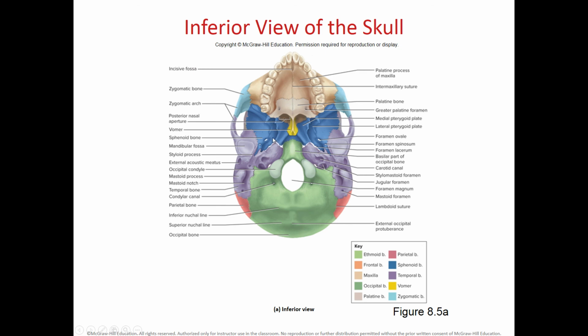So we already talked about this, and one part that is located in the base of the skull, in between the sphenoid, which is this bone in blue, the temporal, which is this bone in purple, and the occipital, which is this bone in green, we have this ragged edge that is called the foramen lacerum.